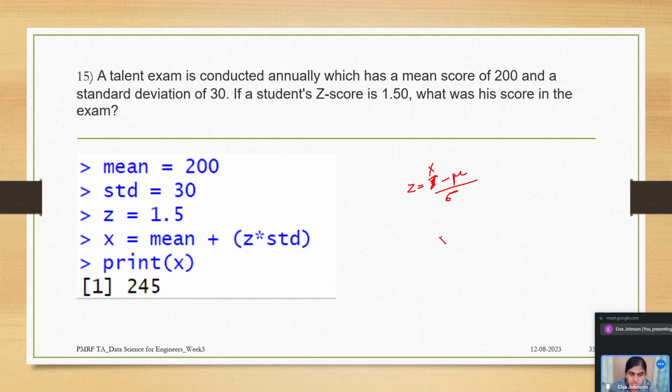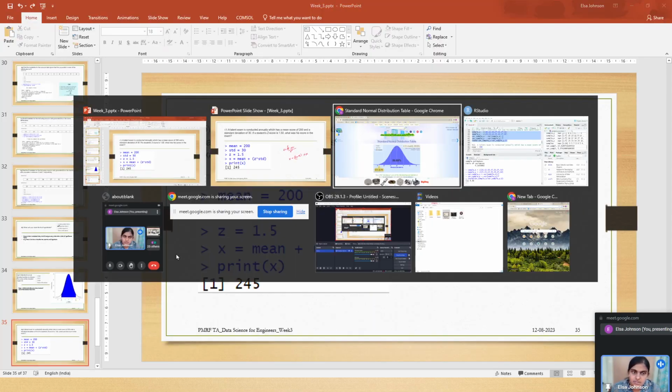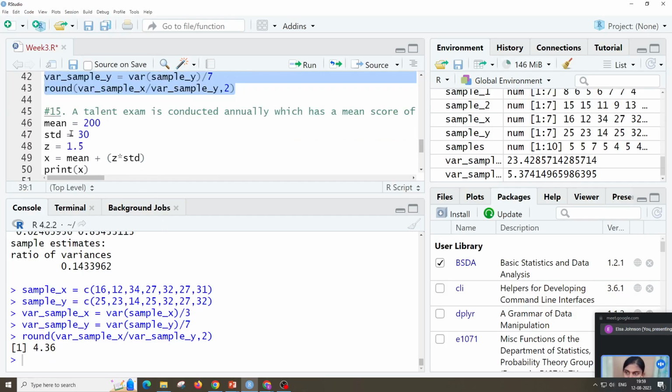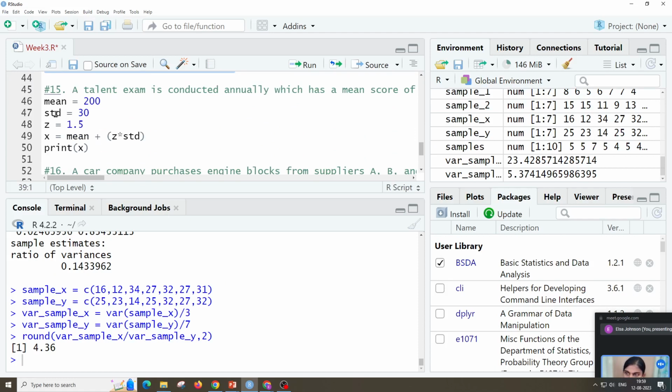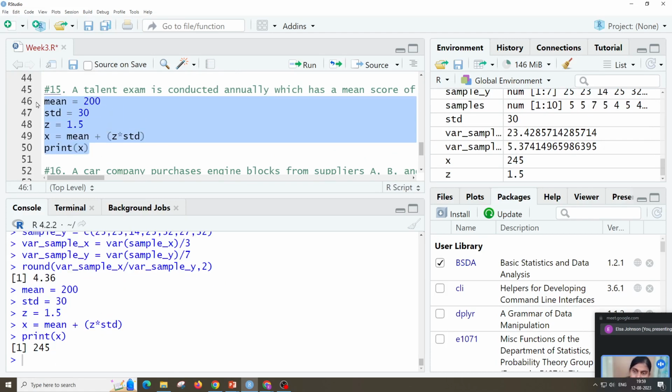So in that case, x will be z into sigma plus mu, that is the mean plus z into standard deviation. I have given that in RStudio: mean as 200, standard deviation 30, z value as 1.5. So x equal to mean plus z into standard deviation, print x. You'll get the value 245.